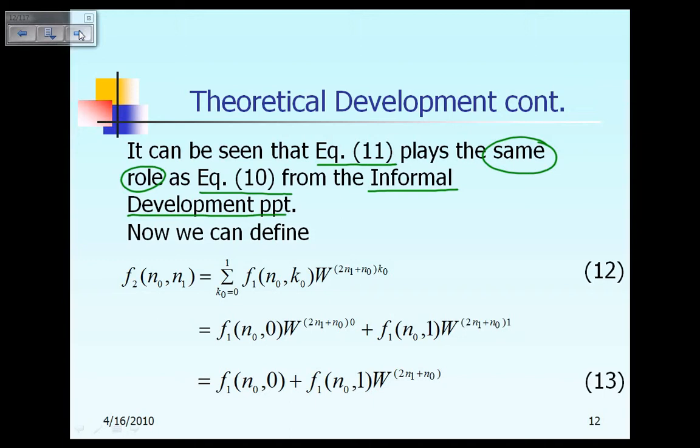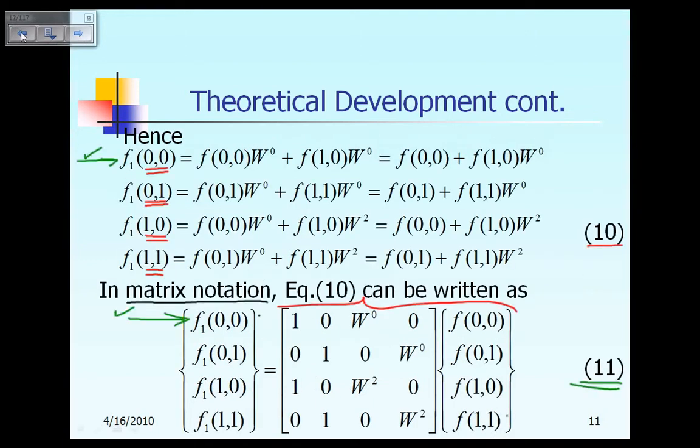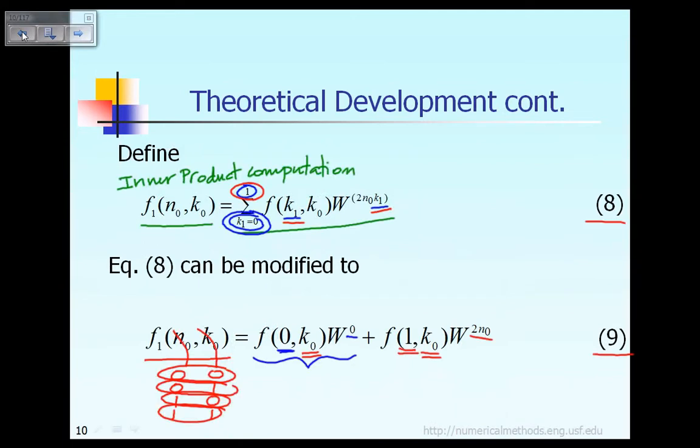So far, let's see what we have. We already computed the inner product to obtain the vector f1. So what is the next thing we can do? I hope you still remember.